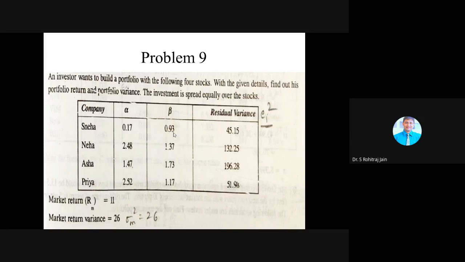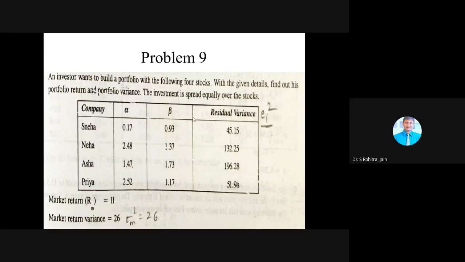Now, what is this alpha? Actually, the first column here, alpha. What is alpha? Alpha measures the amount that the investment has returned in comparison to the market index or other broad benchmark that it is compared against.